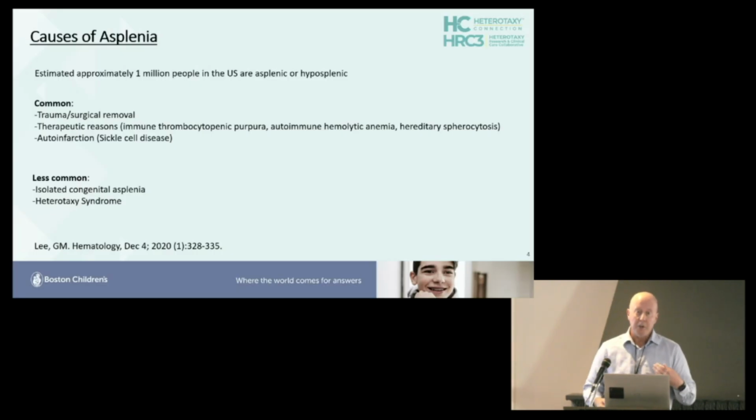There can be therapeutic reasons to remove the spleen: hereditary spherocytosis, or autoimmune conditions such as ITP and autoimmune hemolytic anemia that are resistant to treatment. And then, of course, patients with sickle cell disease undergo autoinfarction, so they lose splenic function over time. The less common causes are isolated congenital asplenia, and then, of course, of interest to our group is heterotaxy syndrome.